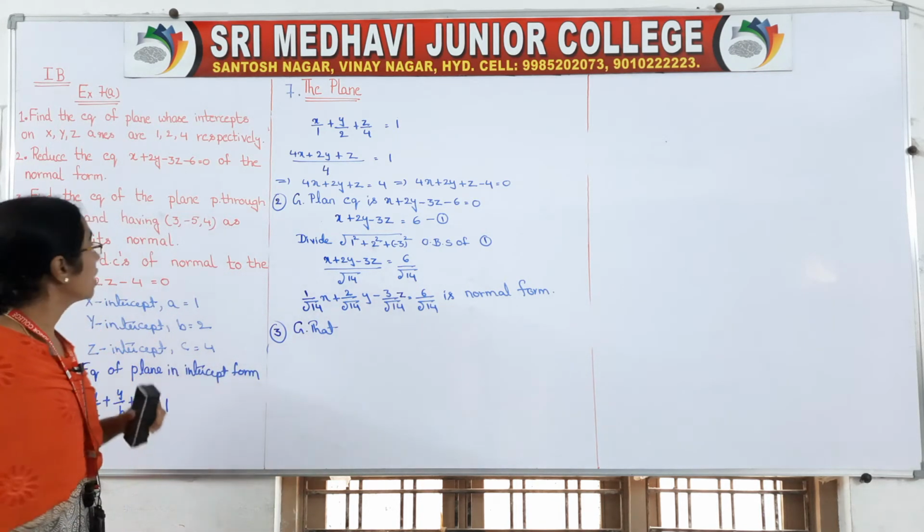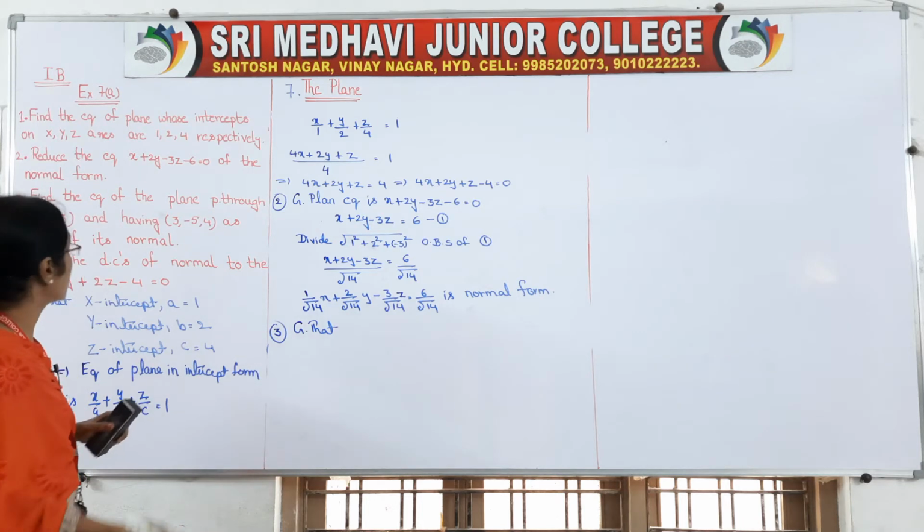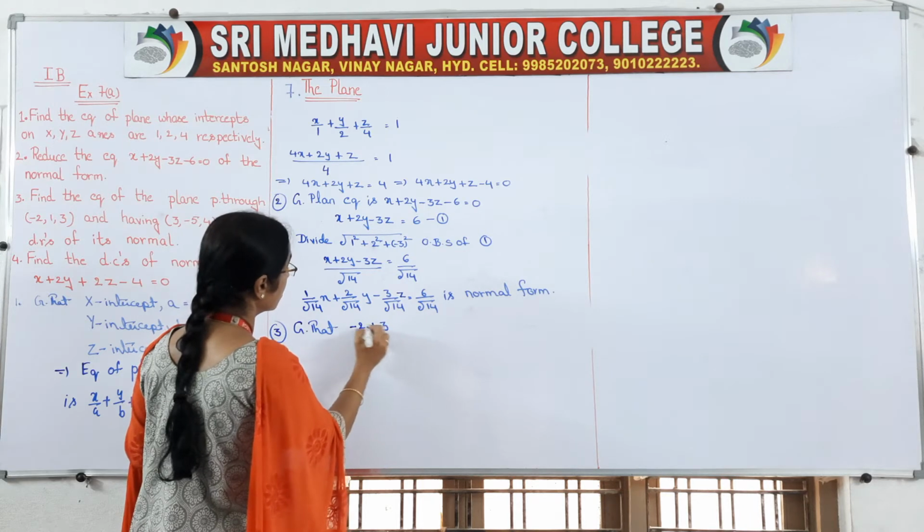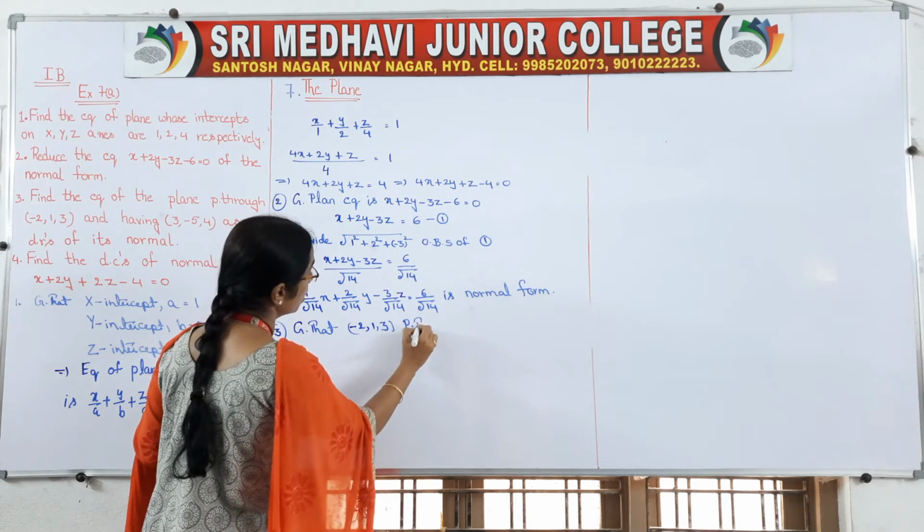First of all, what is the given information? We will write: given that the point minus 2, 1, 3 passes through the plane.